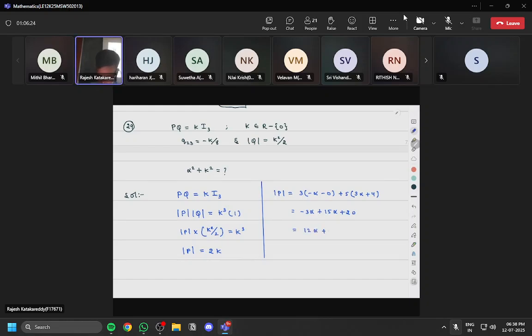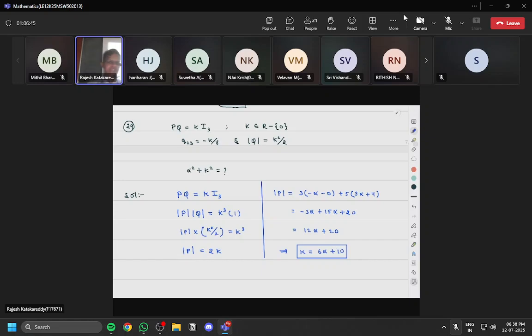Twelve alpha plus 20. Equating with 2K, we will get K is equal to 6 alpha plus 10. I hope this one is clear to everybody. Any doubts in this? Anybody?